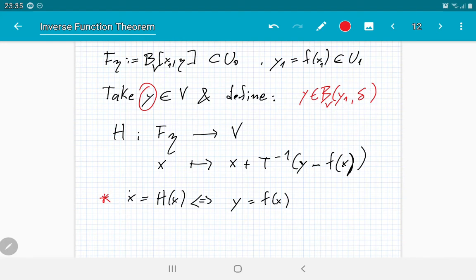It also has a preimage. And here's what I'm going to do. I define this function h. That's the function to which I will apply Banach's fixed point theorem. It's a function in principle defined over f of eta to v. And it simply does this. It takes x to x plus, well, there's a funny looking thing here, T minus 1 of y minus f of x.